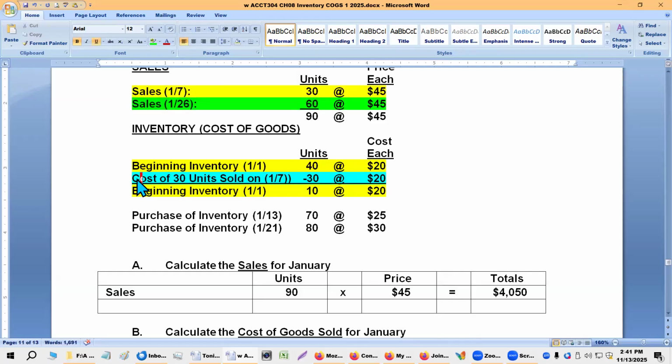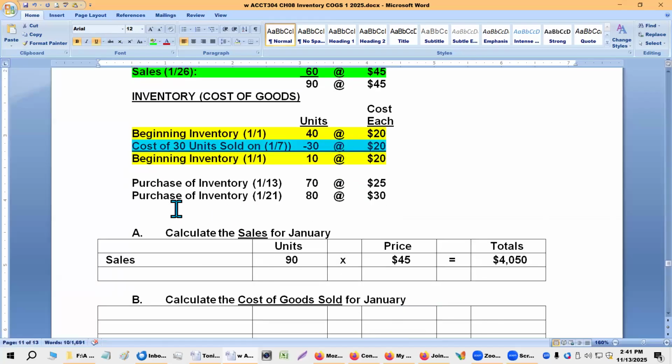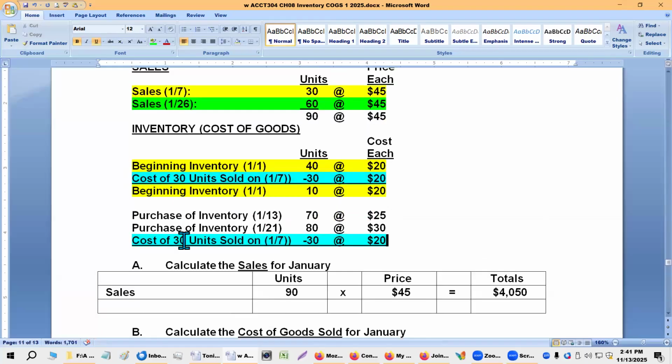Okay, so cost of units. I'm going to copy this down. This is easier to do. Cost of 60 units sold on 1-26. Okay, it looks like we can get them all from this layer.